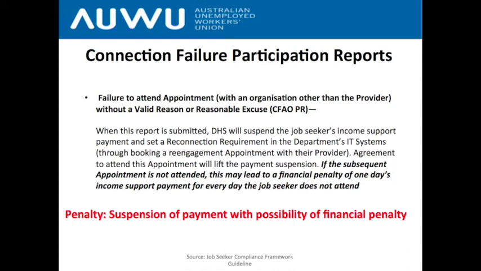So with this penalty, the failure to attend an appointment with an organisation other than the provider, which is basically a training organisation or work with an organisation, it's only going to be a suspension of payment unless the unemployed worker fails to re-engage with a follow-up appointment, which is another appointment set with the training organisation or with the third-party organisation.